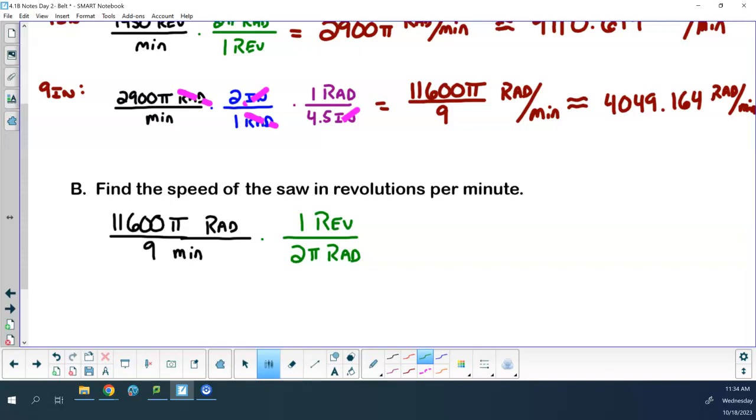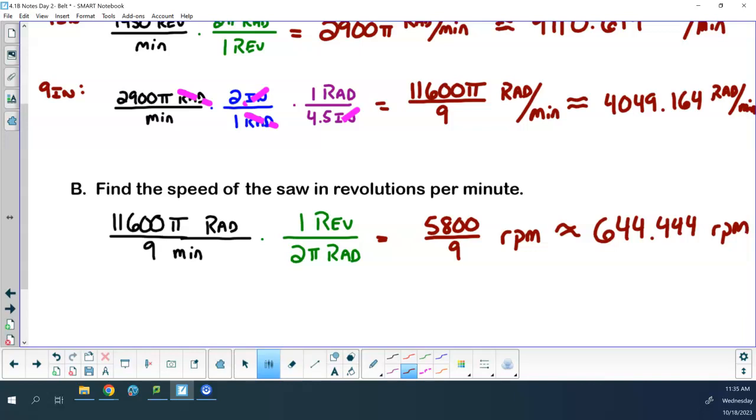So I get 5,800 over 9 revolutions per minute, which is approximately 644.4 repeated revolutions per minute.